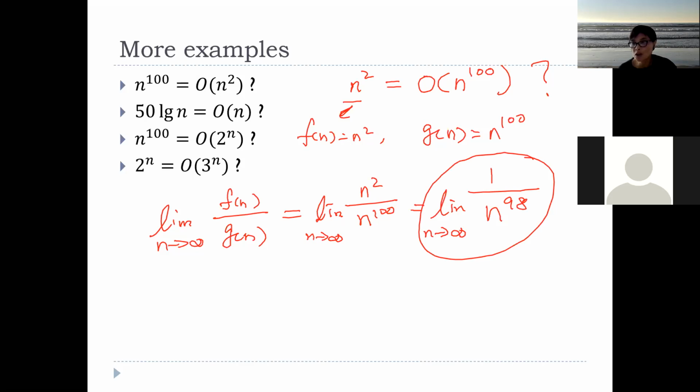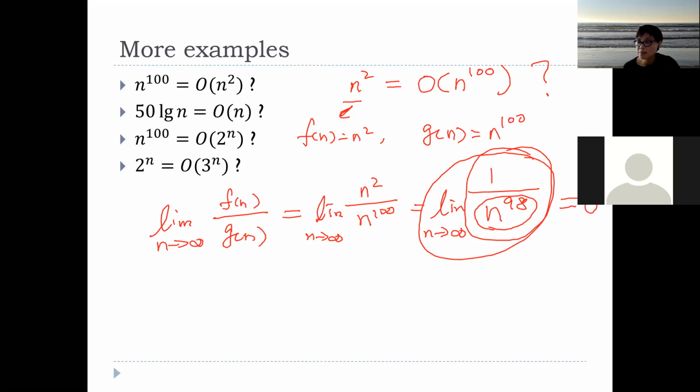As n becomes larger and larger, n to the 98 becomes larger and larger and goes to infinity, which means that 1 over this goes to 0. So the limit of this ratio goes to 0.